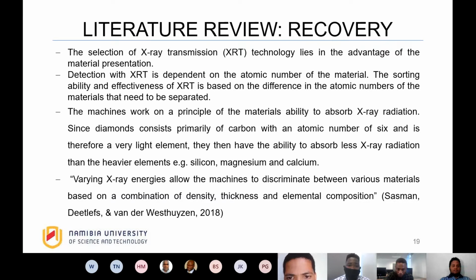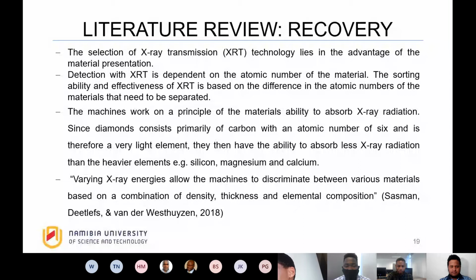Okay, so the selection of our X-ray transmission technology lies in the advantage of material presentation. If you compare your XRT with your XRL and these other optical technologies used for separation, your XRT does not really care about dust being present, and it does not really care about how the material is presented in the system itself.